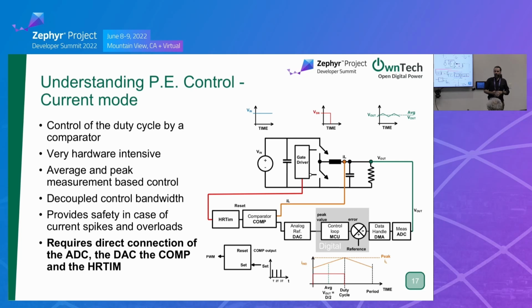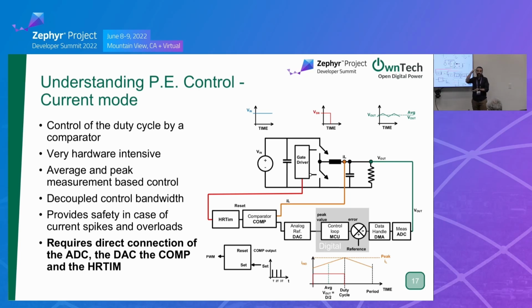If we go to current mode, it is more complex and more hardware intensive, where there are two loops. You have a control loop here, and you have a voltage loop. And the control loop is basically instantaneous. You have this measurement which is hardwired to a comparator, and the comparator has a threshold. As soon as your triangle hits the threshold, it resets the HR timer. So that's very fast. It's at the switching frequency speed.